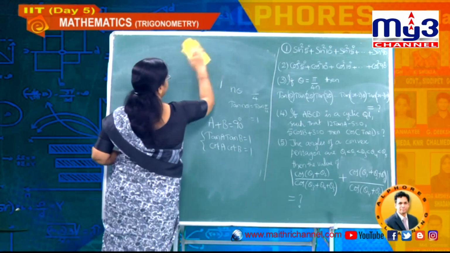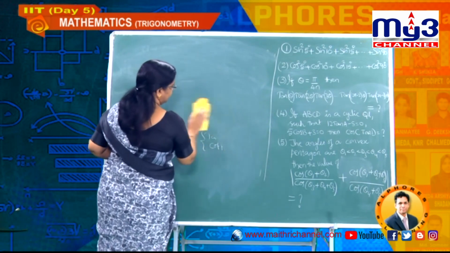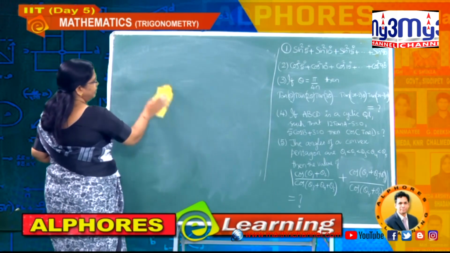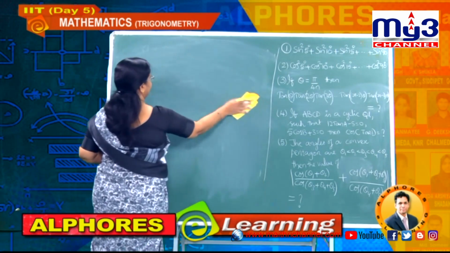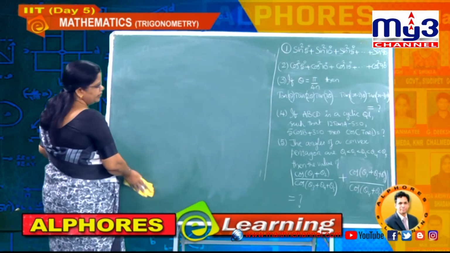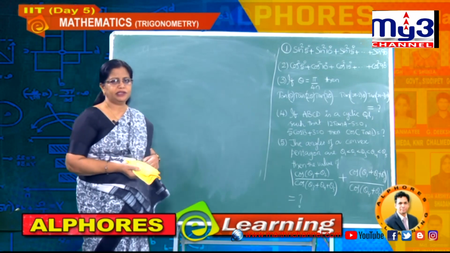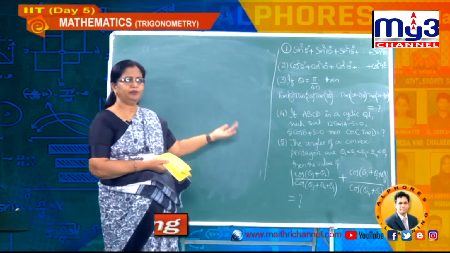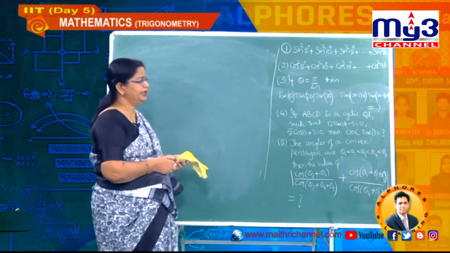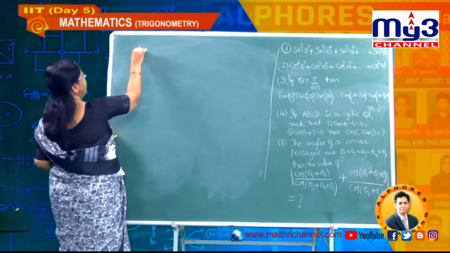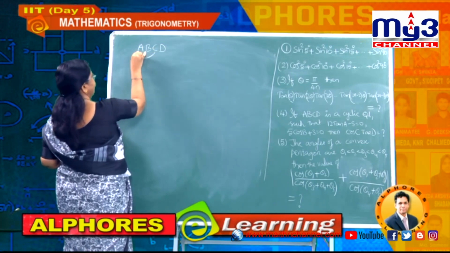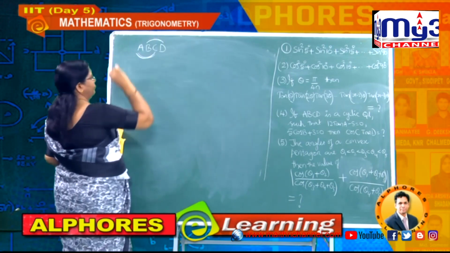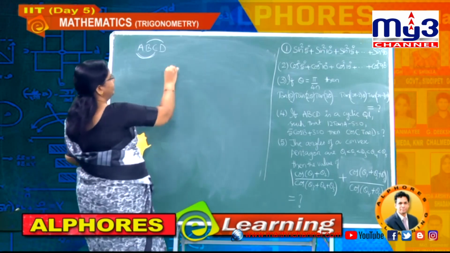Now while solving the fourth problem, observe clearly, students: what is a cyclic quadrilateral? A cyclic quadrilateral implies the sum of the angles equals how much? 360 degrees, and the sum of the opposite angles is 180 degrees. So here the order is very important: A, B, C, D. Opposite means A and C, B and D. So what is A plus C here?